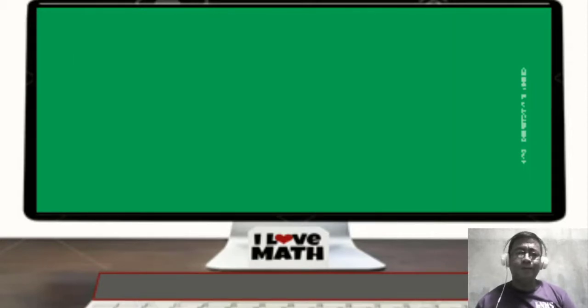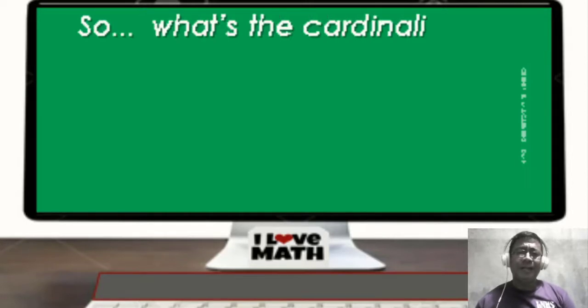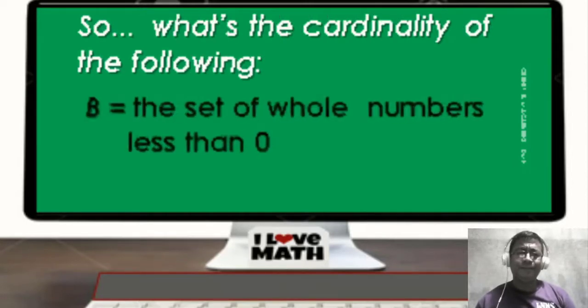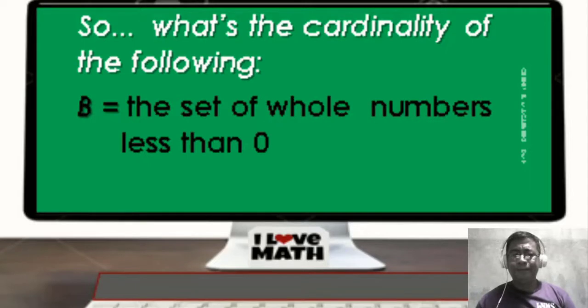How about the cardinality of set B, wherein set B is just equal to the set of whole numbers less than 0. Take note, again, when we talk about whole numbers, there is no number that is less than 0. So n of B is 0.